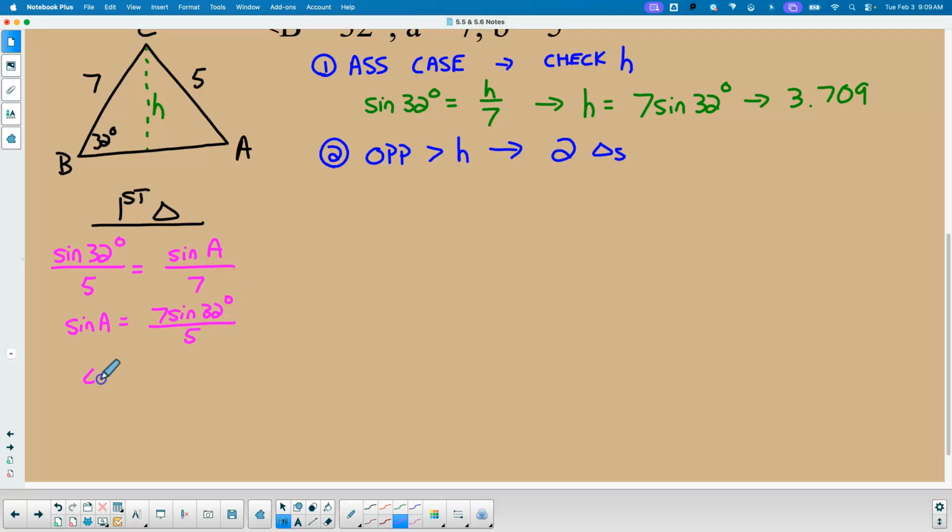Which means then that angle A sub 1, because we're on our first triangle, angle A sub 1 then would be the inverse sine of that, which is 47.8924 degrees.